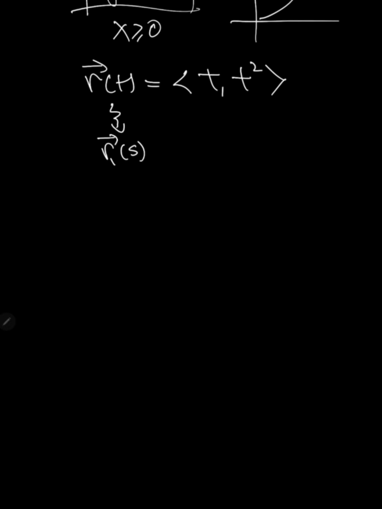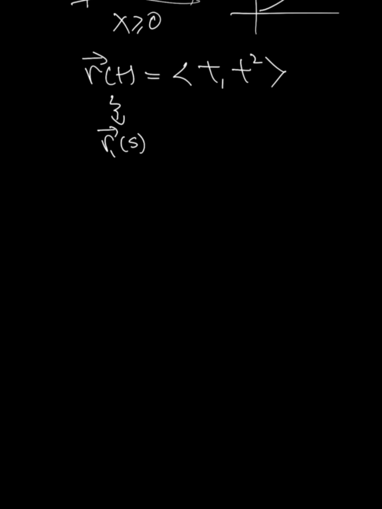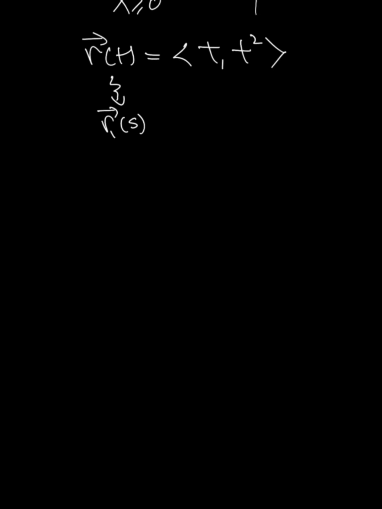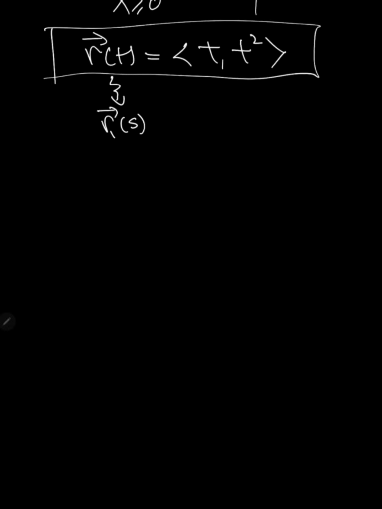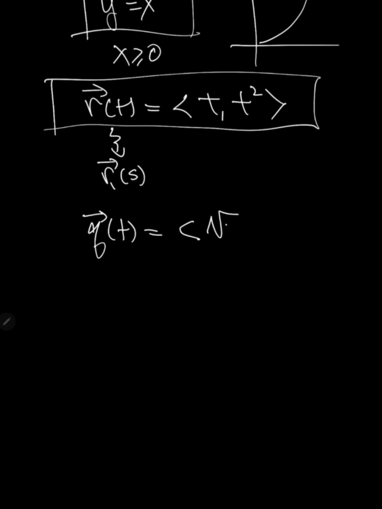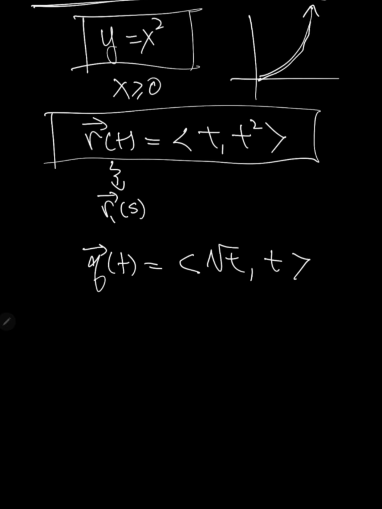Okay? All right. Notice one thing here, and you'll see this in the extra credit on the homework. We decided to start out with this particular parametrization, but if we had decided to start out with a different parametrization, q of t equals, let's say, square root of t comma t, right? Which again describes the same curve. This is why I wanted just x bigger than 0, so I could do both of these. This describes the same curve, just in a different way.